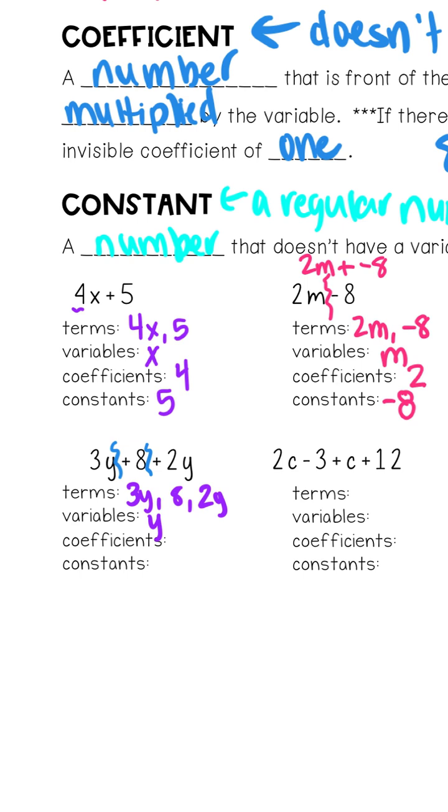Your coefficients are the numbers in front of the variables, so that would be these right here, which would be 3 and 2. And your constants are the numbers without a variable. That would be 8.